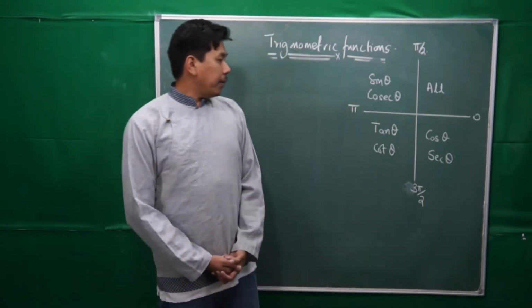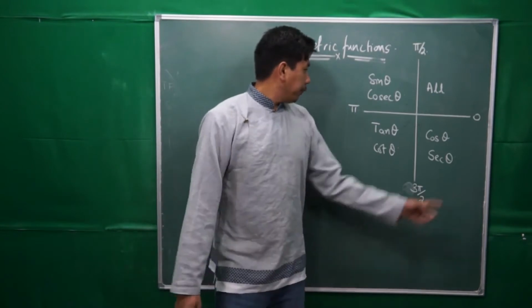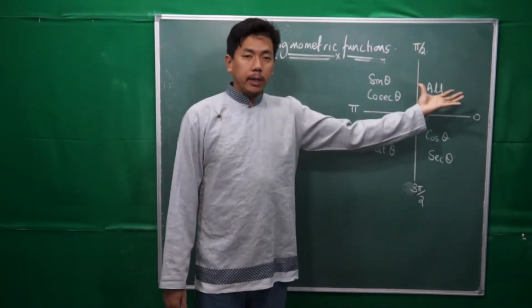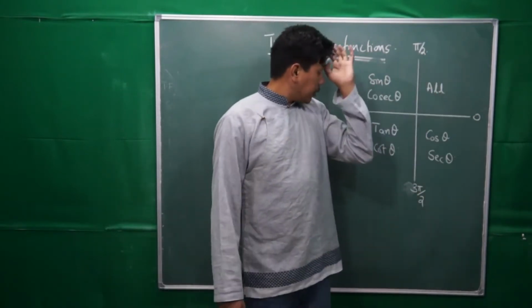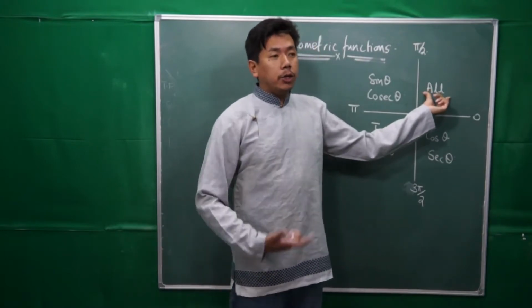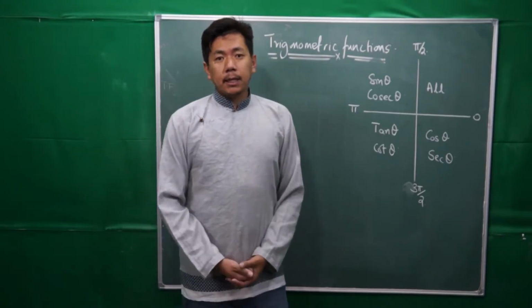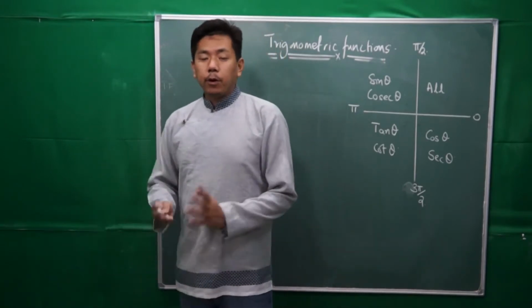Now in this diagram, I've divided this into 4 quadrants, where the first quadrant is between 0 degrees and pi by 2 radians, or 90 degrees, you could call it. We find that all the ratios are positive. So up till class 10th, where we studied trigonometric ratios, we could only find positive values.